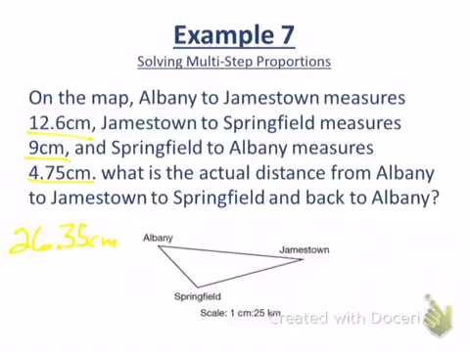Times that by 25. All right? So now we're going to use that distance and this little hidden scale factor down here. 26.35 times 25. X kilometers compared to 1 centimeter is 25 kilometers.